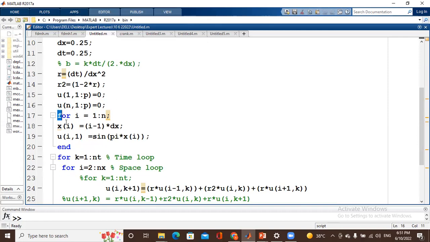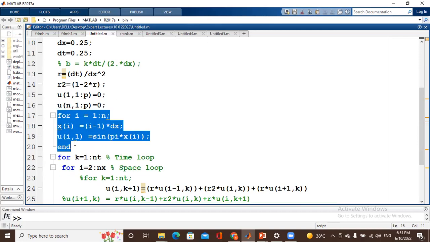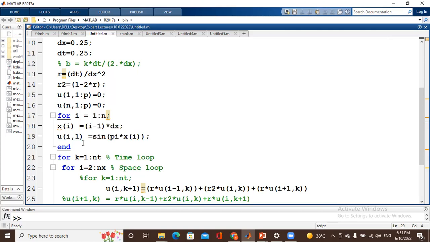Now this for loop is to define the initial condition. So I is equal to 1 to n, xi is I minus 1 times dx, dx is the length, and our function is sine pi x. So if we write I equal to 1, then xi is equal to 0, so sine 0.